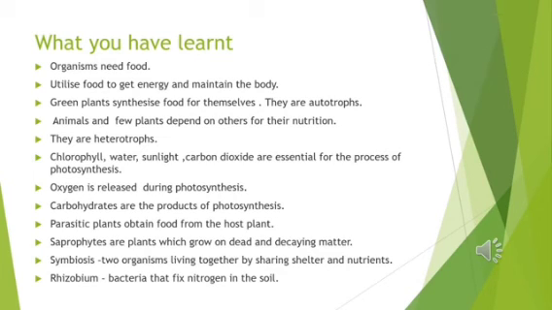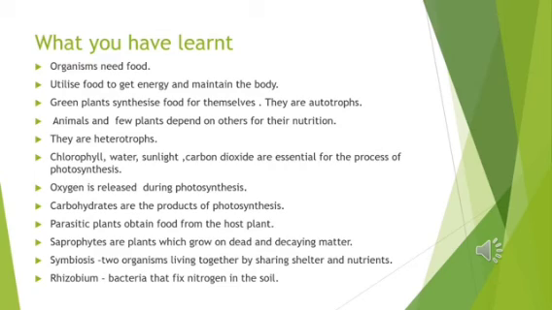So children, we have completed the first chapter, Nutrition in Plants. Let us summarize the important points and what you have learnt in this lesson. Now, the first thing that you have understood is how organisms need food and why it is important to all of us. Then the second one is, what is nutrition, meaning how food is taken in and how it is utilized to get energy and maintain the body.